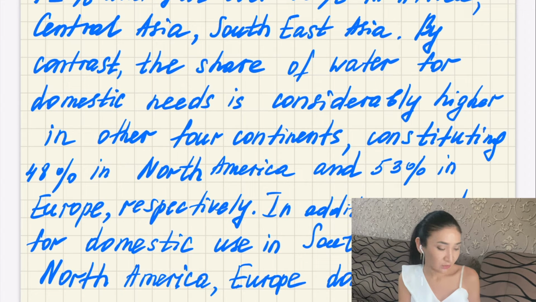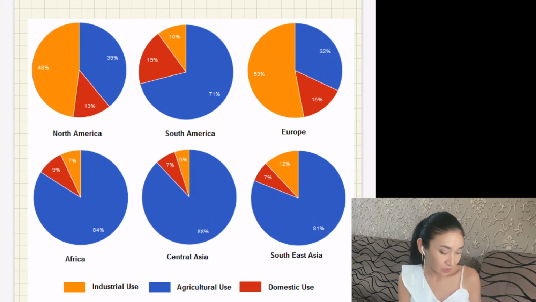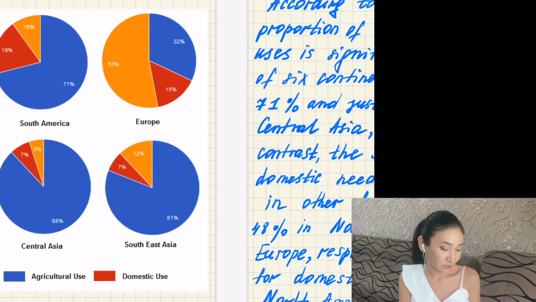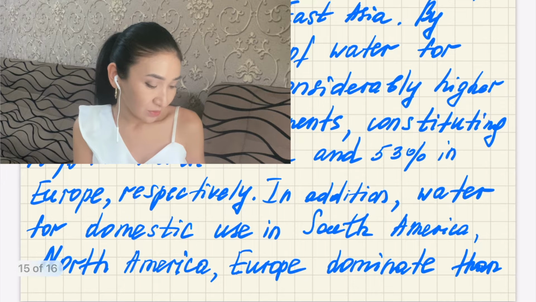So further I go with this industrial use, which is this orange color, and I'm saying that it is 48% in North America and 53% in Europe. For Europe it's a majority because it is more than 50%. But I just describe only these 2 continents in order to compare with this agricultural use in most of the continents.